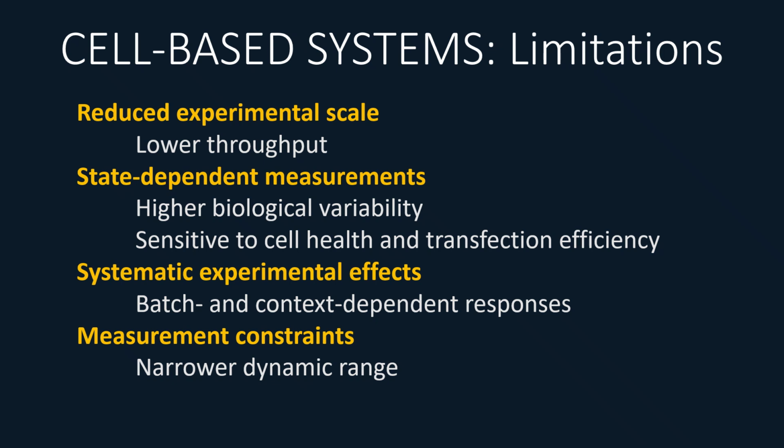And these measurements become cell state dependent, that is, their metabolic state, stress levels and health. All these things influence gene expression. Even small differences in transfection efficiency can change measured output.